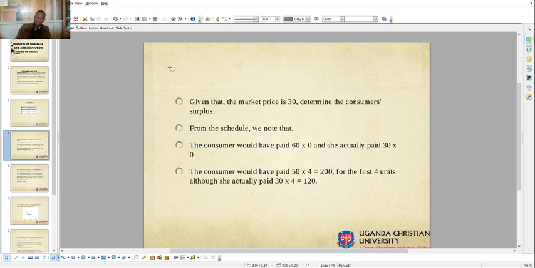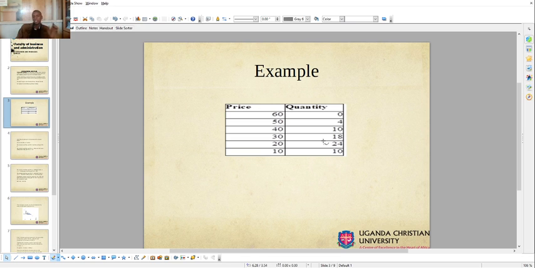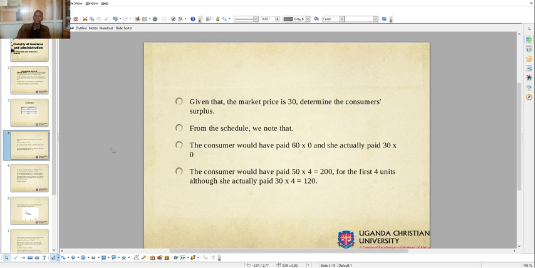You're going to compute what the consumer would have paid at every point. That will tell us how much the consumer was willing to pay, and then we'll calculate what the consumer actually paid. The difference between what the consumer was willing to pay and what he actually paid gives us the consumer surplus.